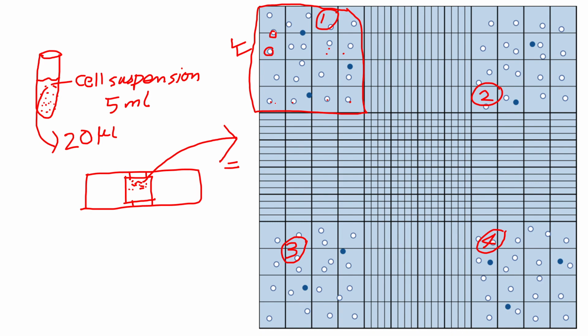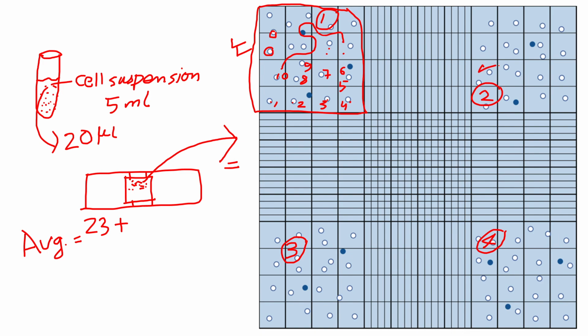So you have to count these rounded structures, which are nothing but the cells. You start counting like this: 1, 2, 3, 4, 5, 6, 7, 8, 9, 10. In this way you count all the cells, and suppose the number of cells in the first quadrant is 23.